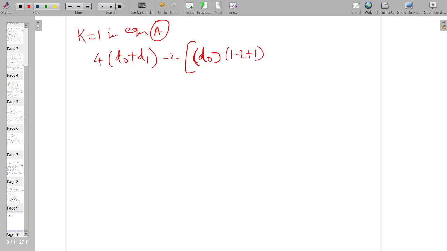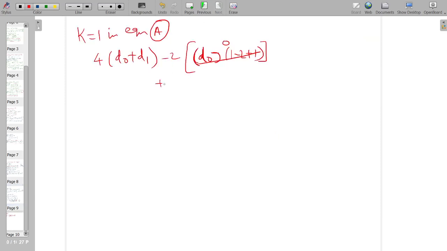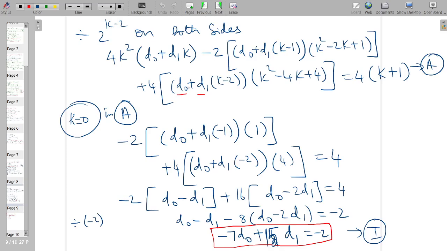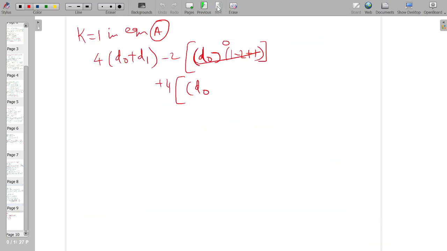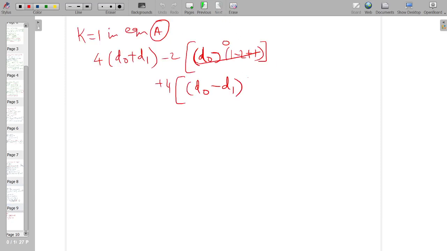Of course, this part will become 0. And here this would give you plus 4 into d naught minus d1.